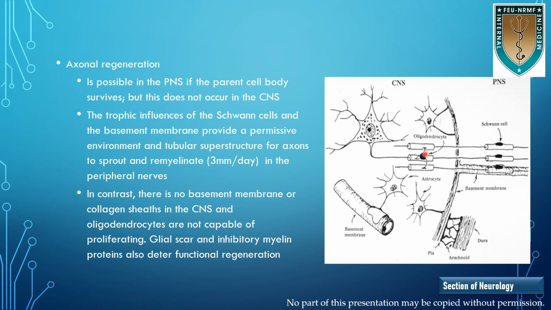The oligodendrocytes are also not capable of proliferating. And the astrocytes, which proliferate during injury, also produce glial scars. And these deter functional regeneration of the axons in the central nervous system.